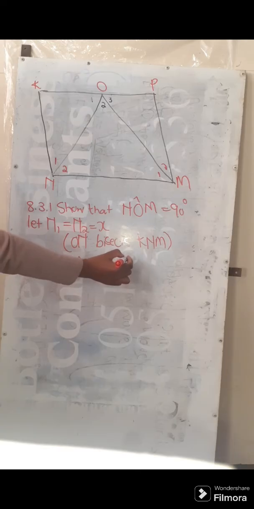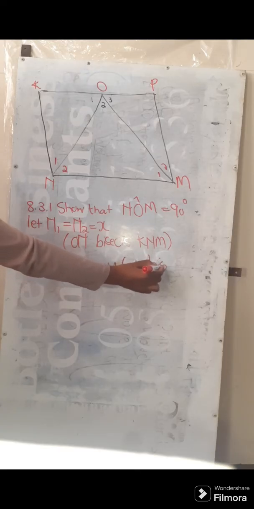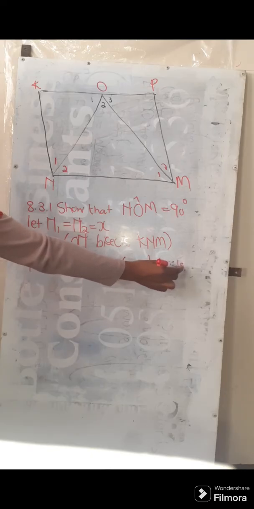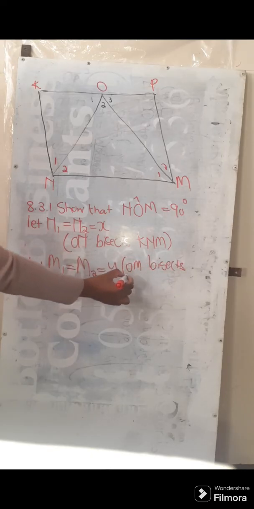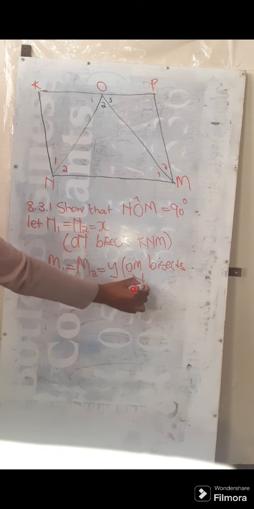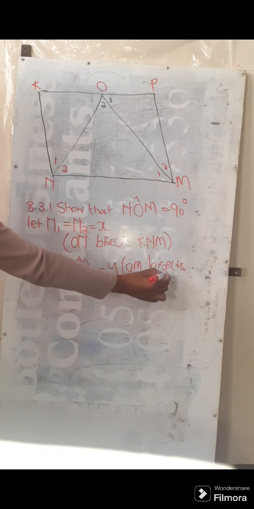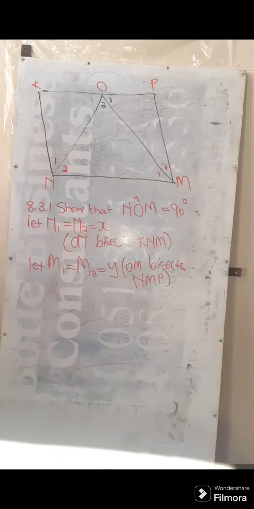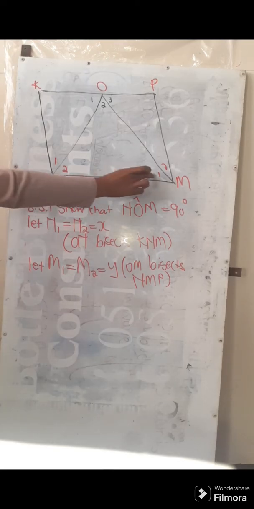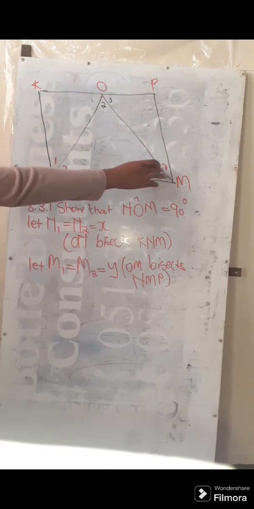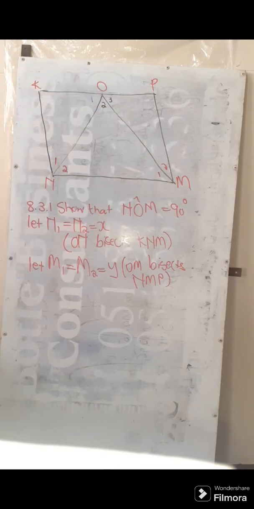The reason is OM bisects NMP. Why? Because it means it has been cut into half. It is a bisecting line, so whatever is here is also here.